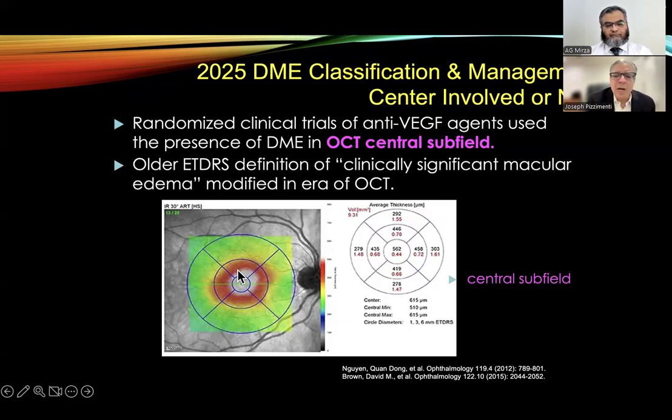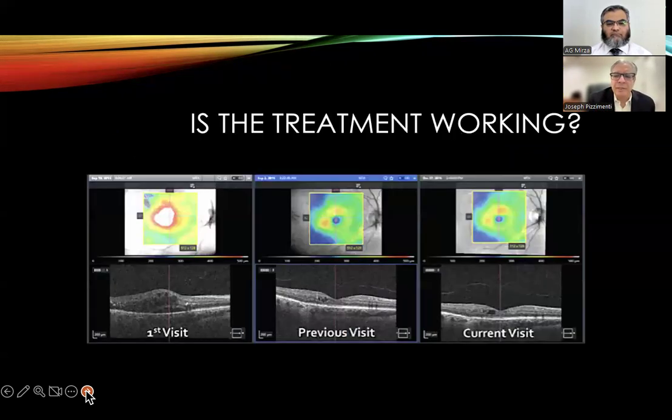And if so, does the macular edema involve this central subfield? And so our definition of diabetic macular edema has been updated to take into account the central subfield in OCT. So we would call this, for instance, center-involved diabetic macular edema.